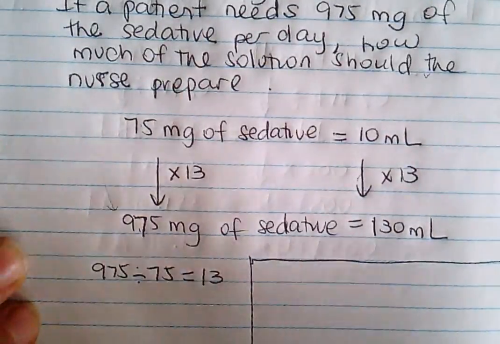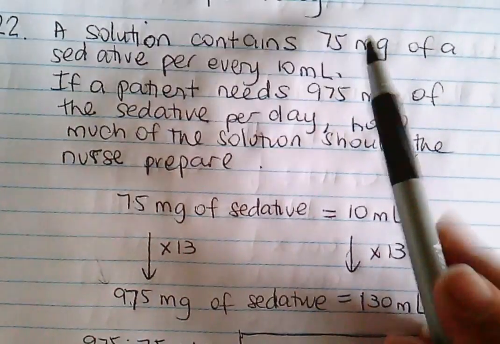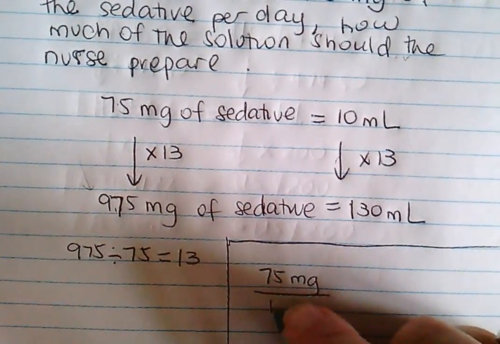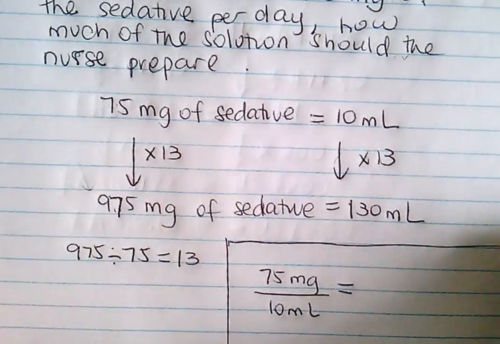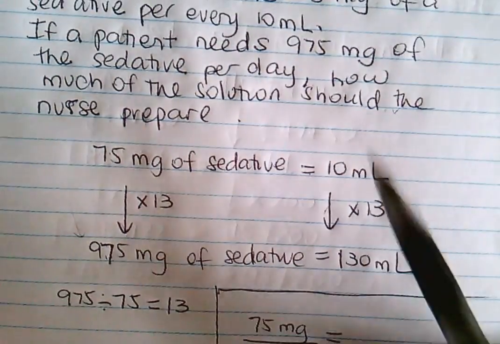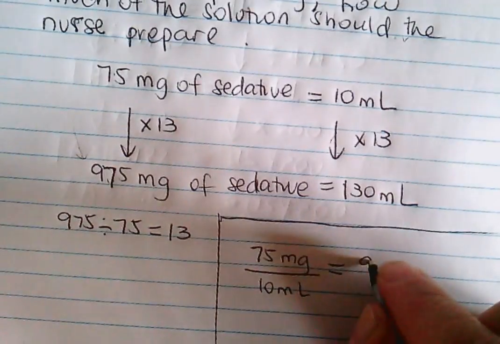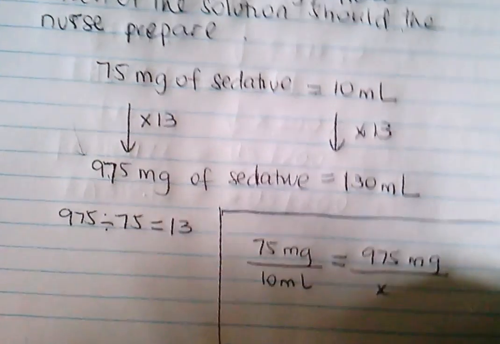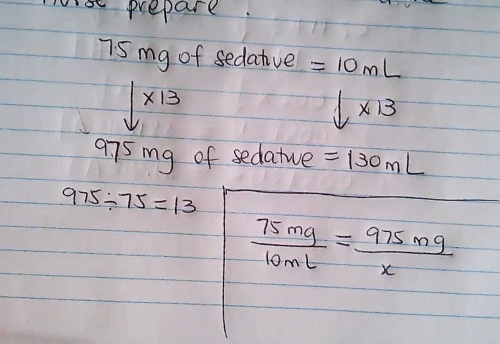There is another way. You know how the 75 milligrams belongs with the 10 mils? We go like this. 75 milligrams over 10 mils is equal to 975 milligrams over X mils. Now, problem is my X is at the bottom.